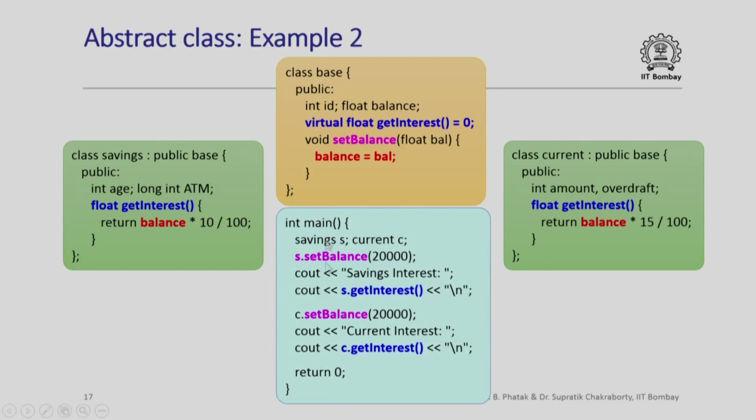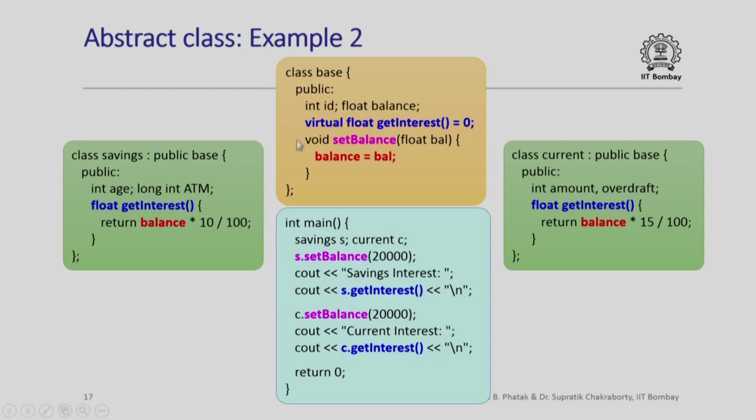And now of course in the main program, I declare an object of class savings, an object of class current, and when I say s dot set balance, s being an object of class savings inherits the data members and non-virtual member functions of the class base. So s dot set balance really goes and invokes this.